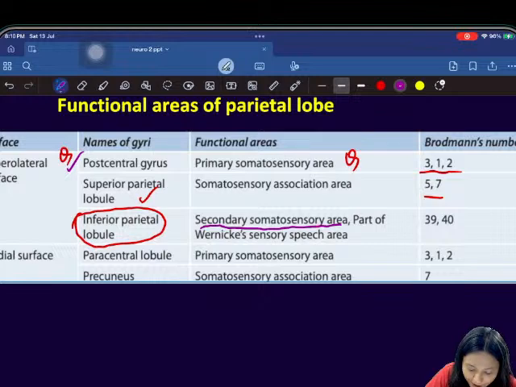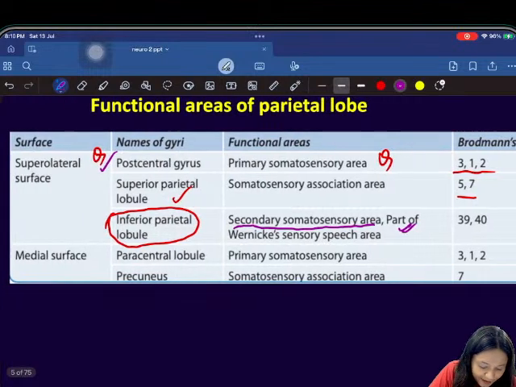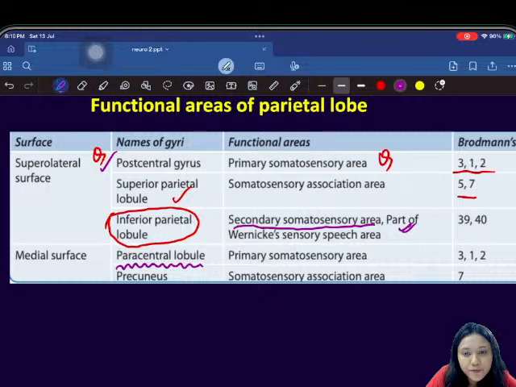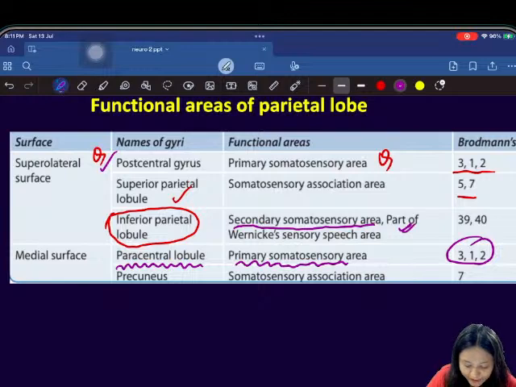It is a part of the Wernicke's sensory speech area. Now, if you see in the medial surface, again, the paracentral lobule has both the motor area and the somatosensory area. The sensory part here will be area number 3, 1, 2. And in the precuneus, you have somatosensory association area number 7.